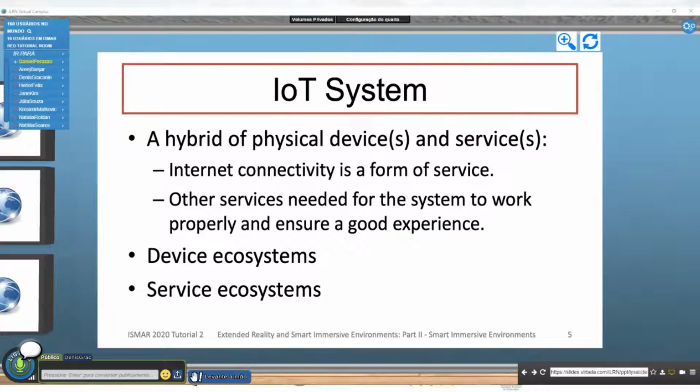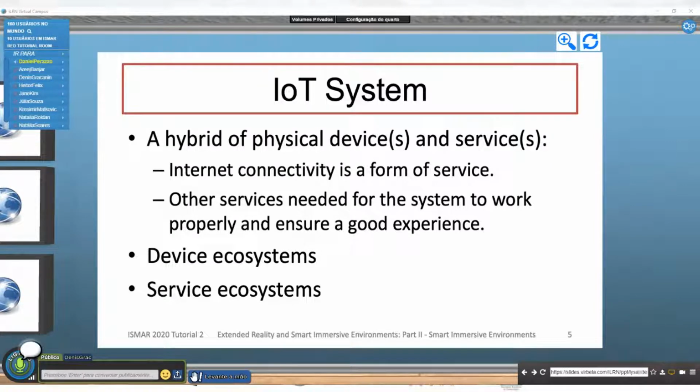Therefore, we can think about device ecosystems and service ecosystems merging together in a single hybrid ecosystem that then results in the creation of an IoT system.